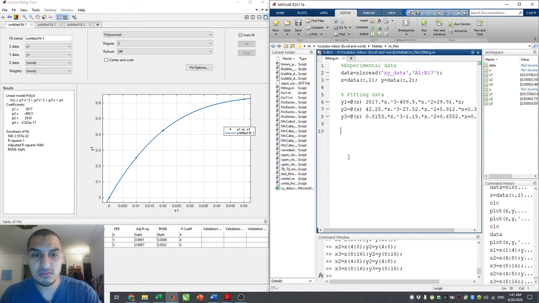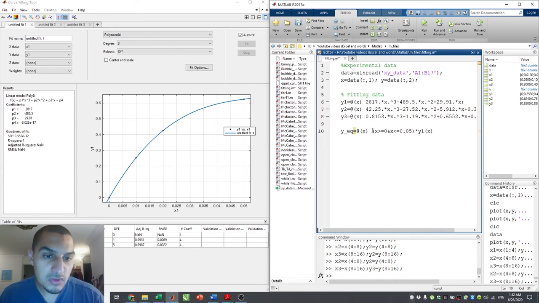So I would make y equilibrium, I would call it like this. It's gonna be a function of x, and I would write the code, and I think you'd understand when I write it. I would say that x greater than or equal to 0, and x smaller than or equal to 0.05, and then multiply this by y1 of x.